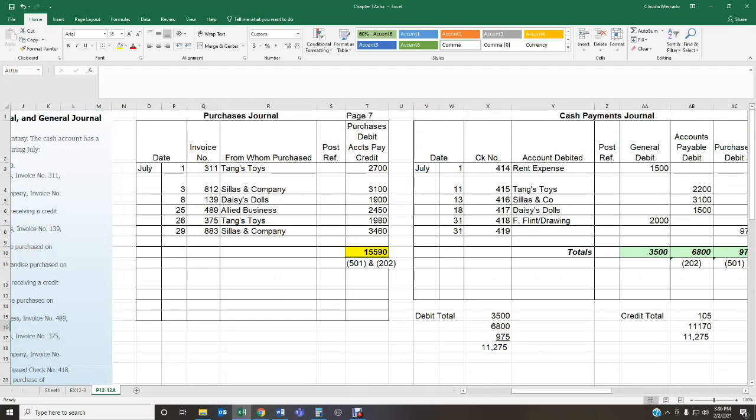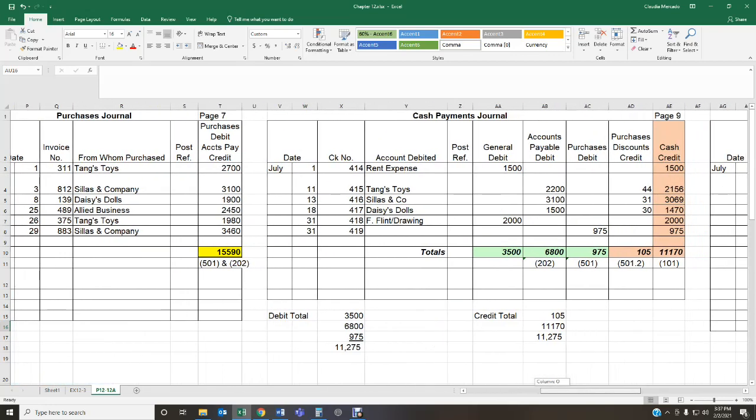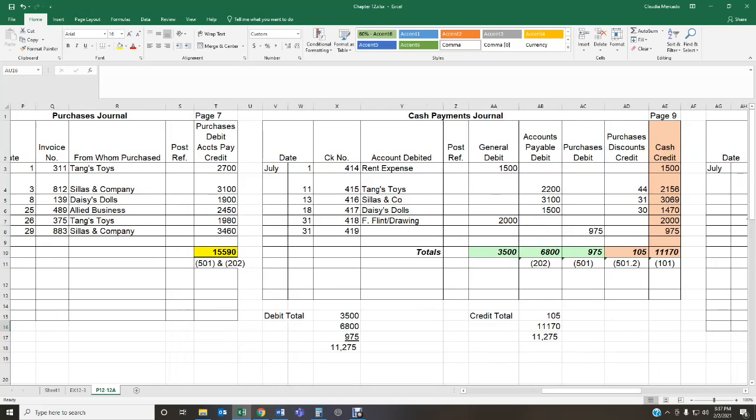Okay. And then last but not least, we've got our cash payment journal. And do we have any transactions for accounts payable? Yes, we do. We have multiple transactions that equate to $6,800. Okay. So where am I going to post those $6,800? I'm going to post it in General Ledger 202.